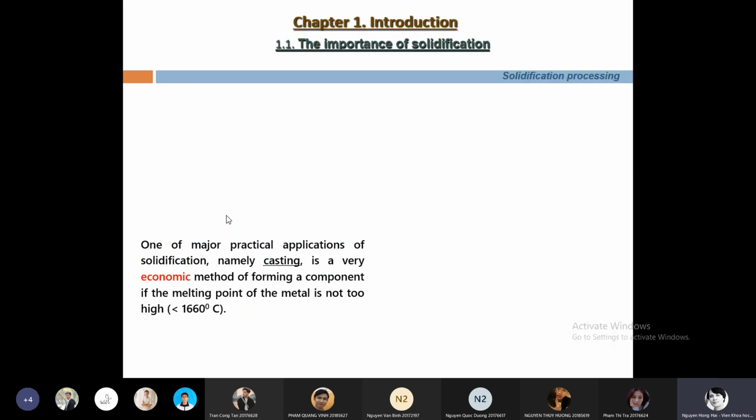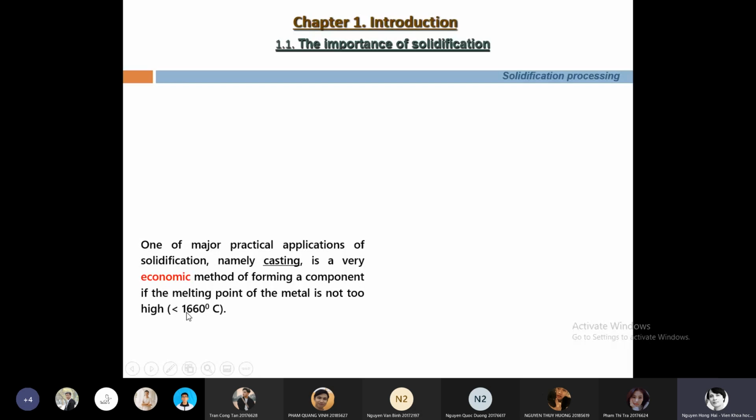One of the major practical applications of solidification is casting. Casting, the major practical application. It is a very economic method for forming a component if the melting point of the metal is not too high.